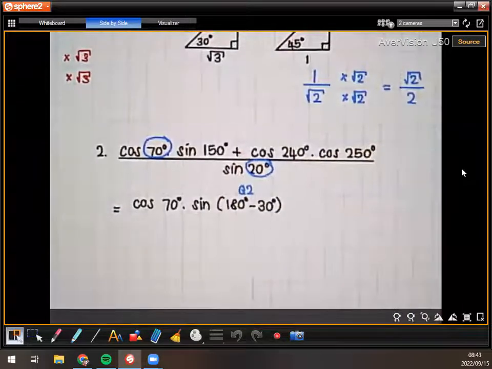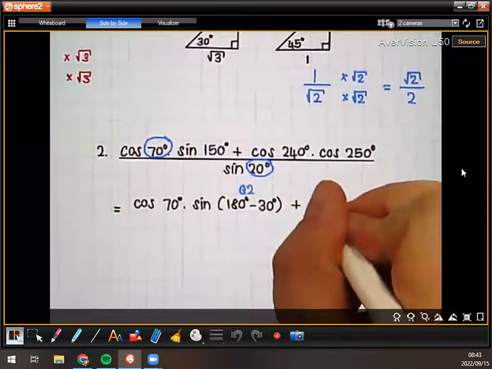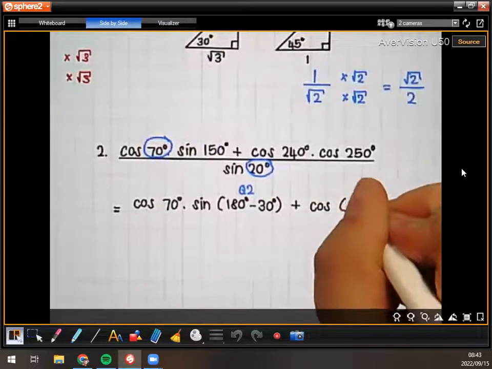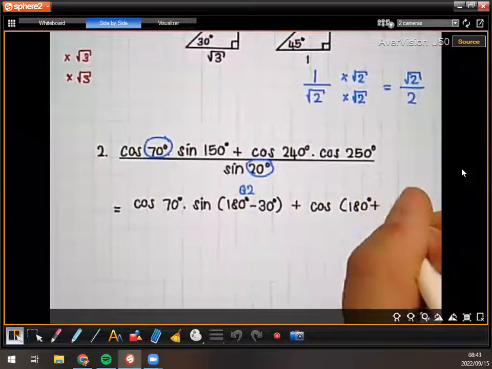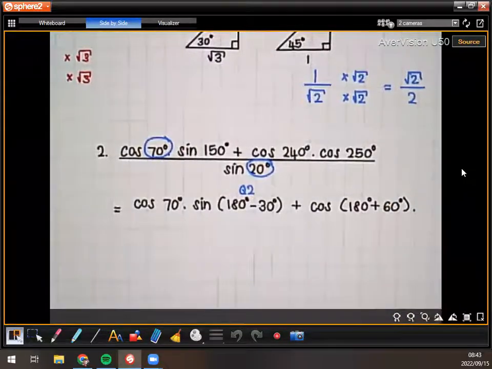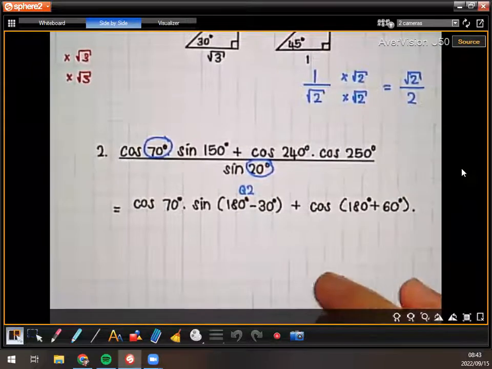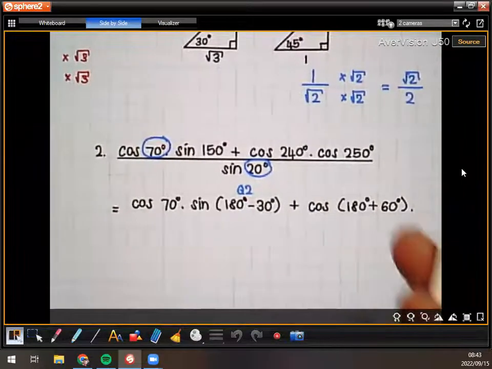That's going to help us decide on the sign. The next one, 240. 180 plus 60, yes. 60 and 250. 180 plus 70. Now guys, that's a bit odd because that's not a special angle, right?